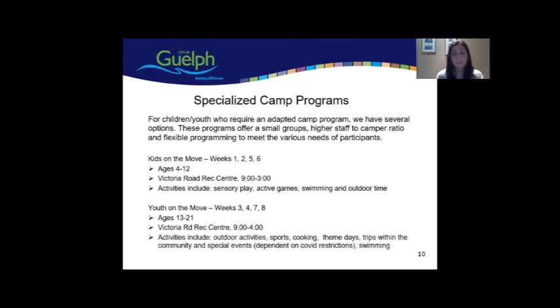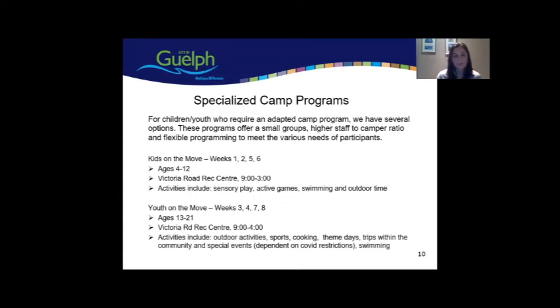And it'll be a little more structured, but then also, for children that need longer breaks from structured programming, that will be able to be facilitated. So if your child really needs a lot of support in a group environment, these camps would be a good choice for them, because staff will have a little more flexibility to give those longer breaks and to be a little more flexible with programming.